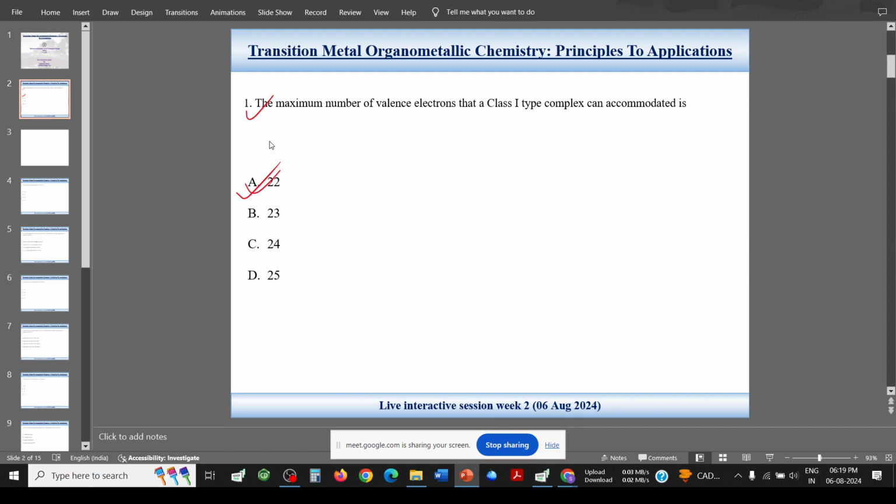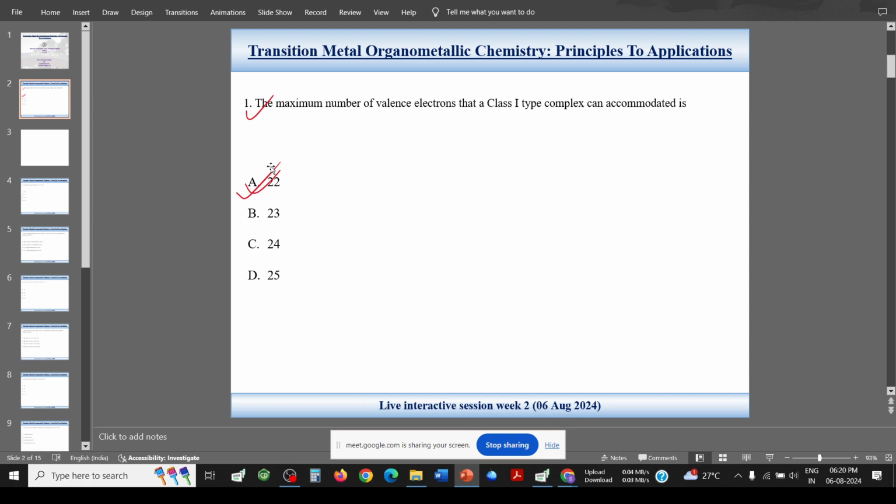So we discussed that class 1 compounds are mainly of 3d compounds. Even when the ligand is a strong field ligand, we can also have these types of class 1 compounds, or if it follows the 18 electron rule, we shift to class 3 compounds. That's why we make another class instead of only class 1 and class 2.